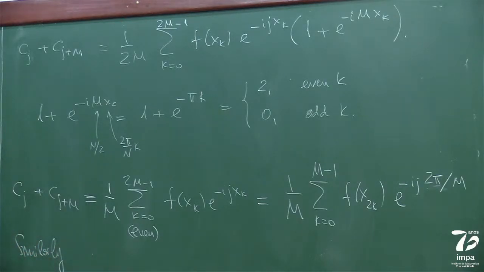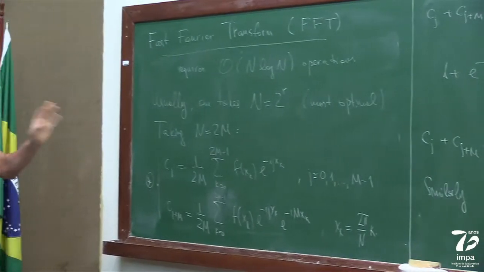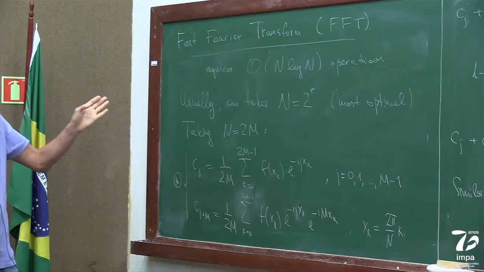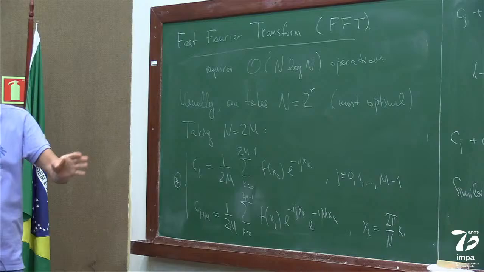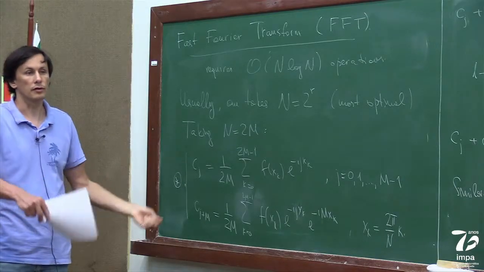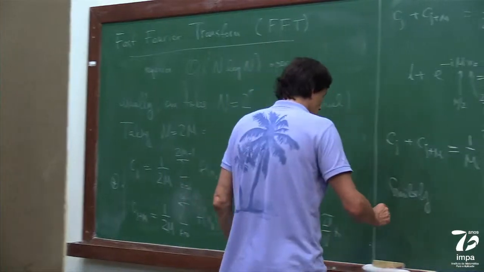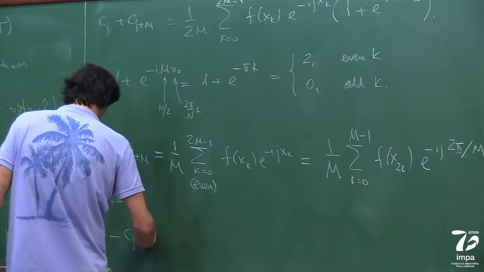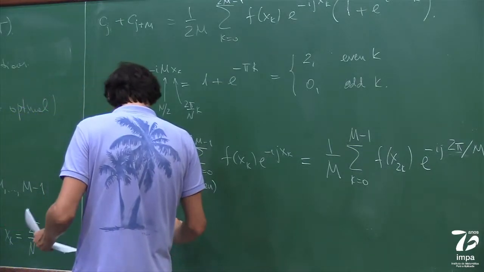Similarly, you take the difference, and it will be very similar. So when you take a sum, you kill the odd terms. When you take the difference, you will kill the even terms. So only the odd terms will remain. And I will write the final expression.